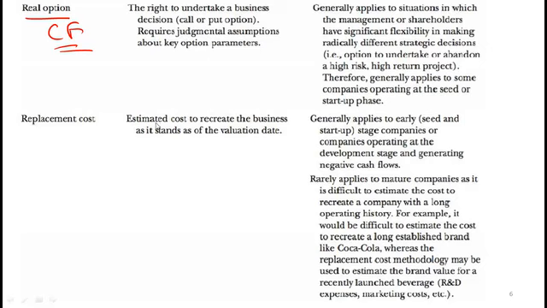And replacement cost actually is quite useful. If you have a small company that's been around for 1 year, where most of the value is coming from what might happen in the future, one way of valuing it is to ask how much it will cost to start from scratch and build a company and get it to the same stage. That's called a replacement cost approach.